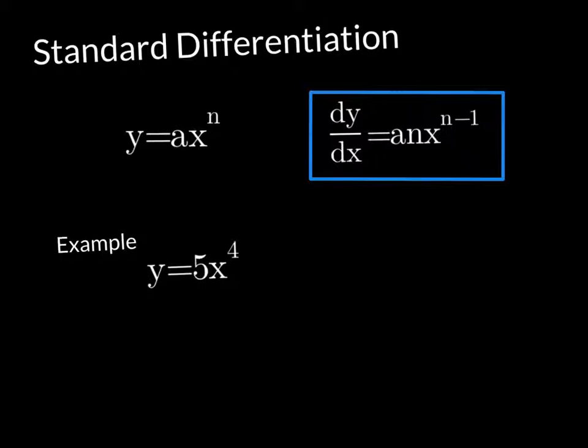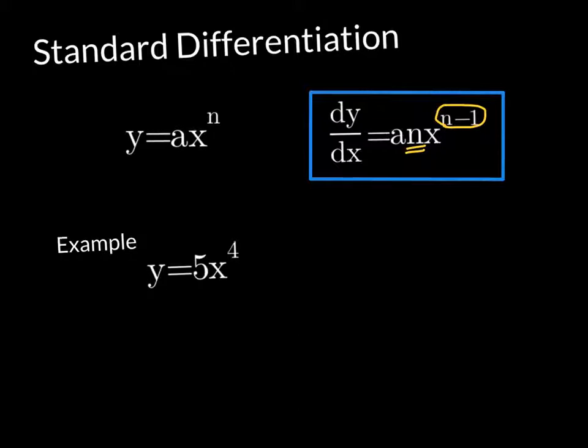The differential of that function is then equal to a multiplied by the original power n. So that n now comes down in front of the x as a multiplier. That's then multiplied by x, and the new power changes to n minus 1. Okay, so essentially we multiply the function by the original power and minus 1 from the original power.